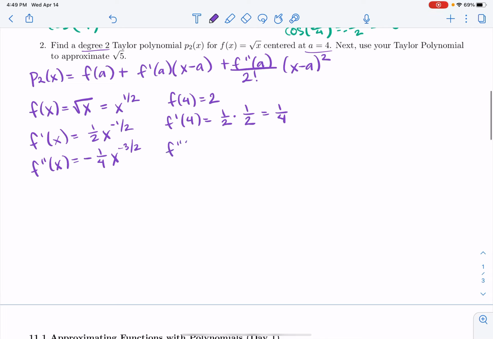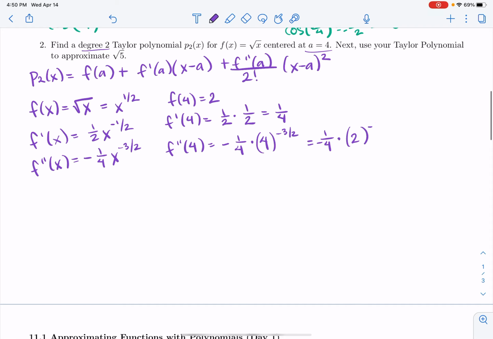And then f double prime of 4 is equal to minus 1/4 times 4 to the minus 3/2, which is equal to minus 1/4 times 2 to the minus 3. So we have minus 1/4 times 1 over 8, which is minus 1 over 32.